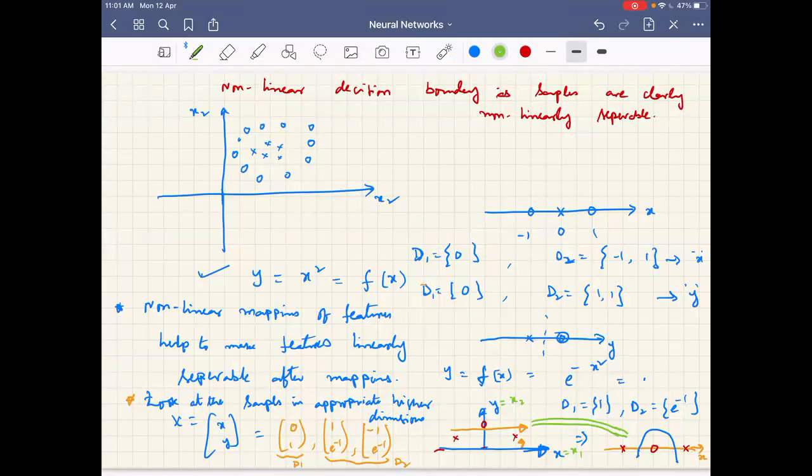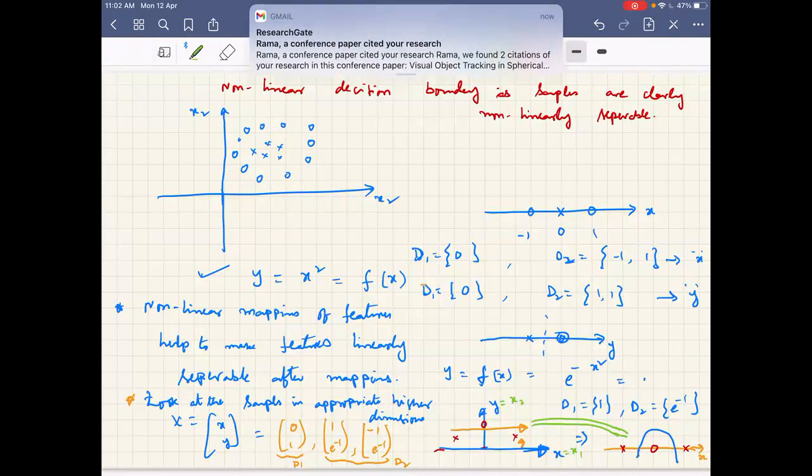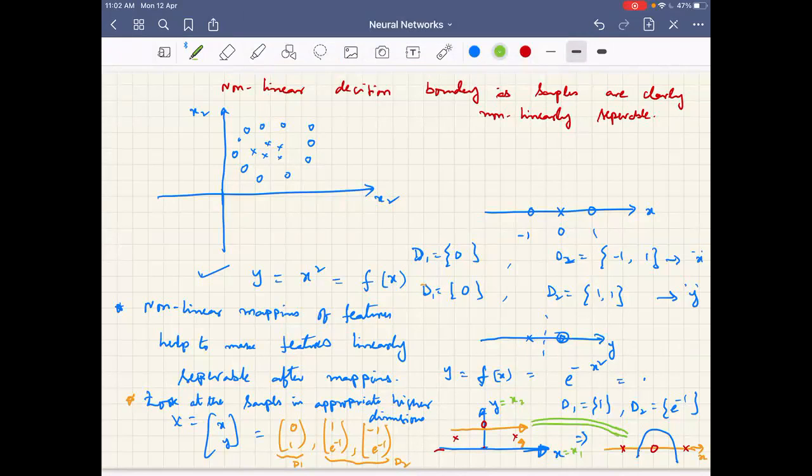At the end of the previous class, what I was mentioning is that there are two ways to find a decision boundary when the samples are not linearly separable. One way is you find an appropriate nonlinear mapping, wherein the initial feature space is x and the nonlinear feature space is y equal to f of x.